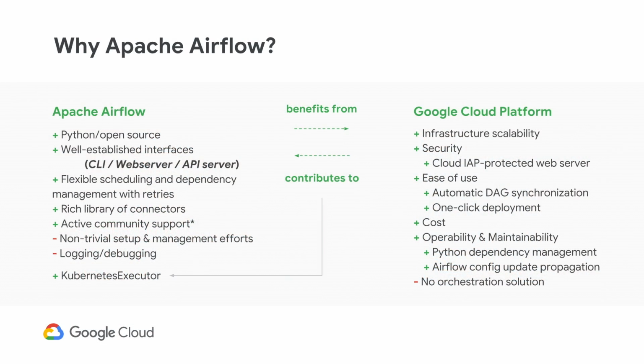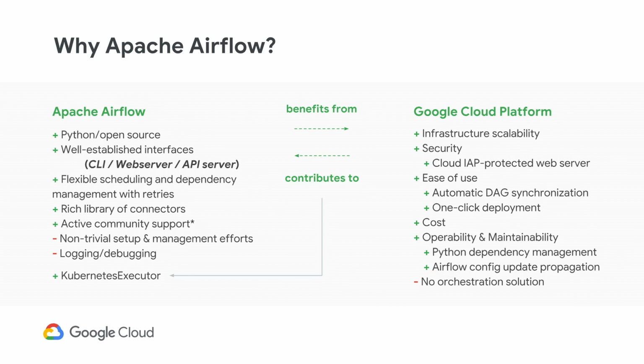So the strengths of Airflow in the open source community, we wanted to bring those together with the strengths of Google Cloud Platform. As you can see on the right-hand side, Google Cloud Platform, we're great at running infrastructure, creating services, adding layers of security, auditability, and containing costs. But there's no workflow and orchestration solution.